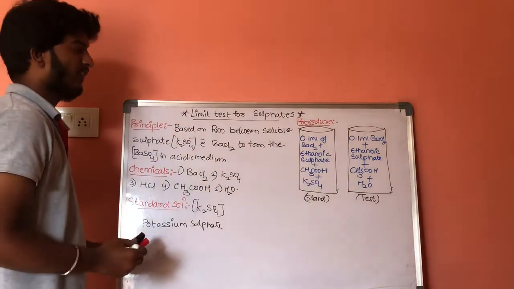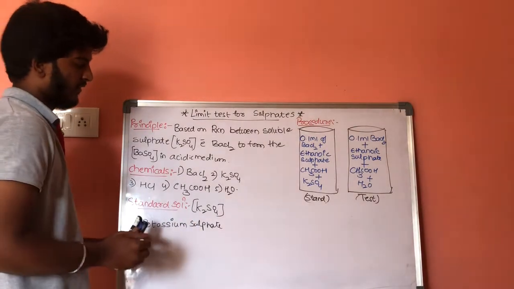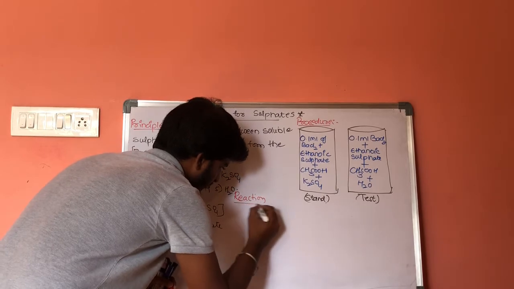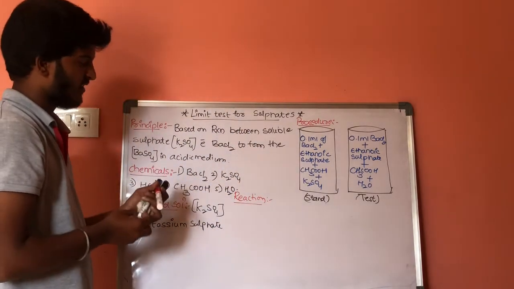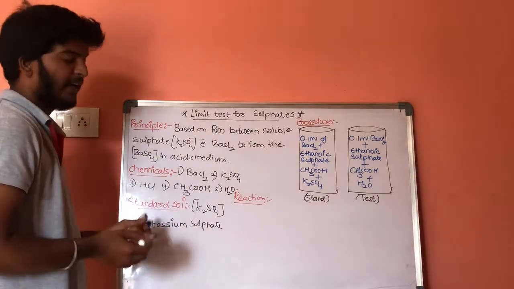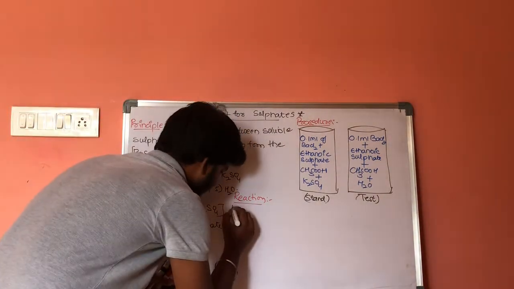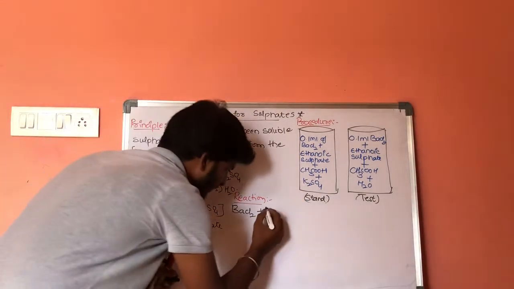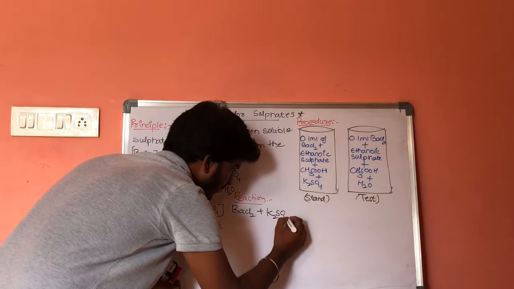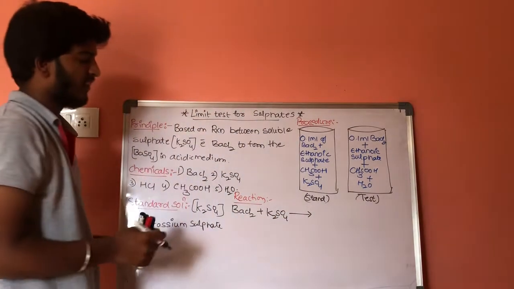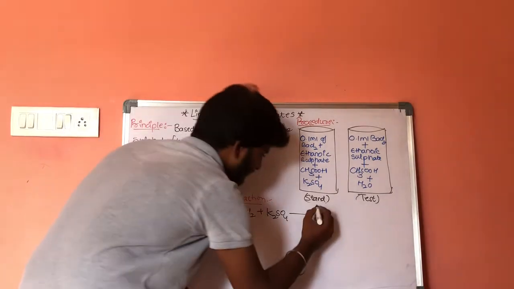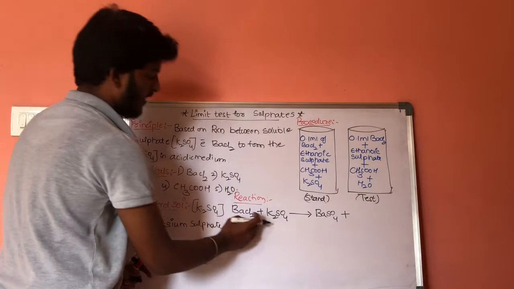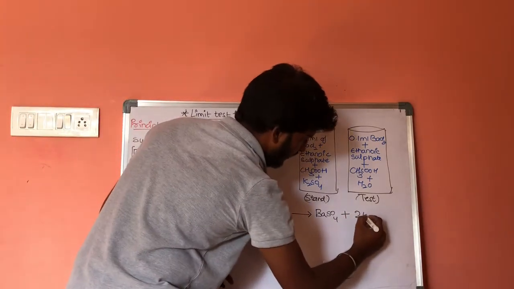Now we discuss the reactions. The reaction involved is barium chloride reacting with potassium sulfate, resulting in the formation of barium sulfate plus 2 moles of potassium chloride.